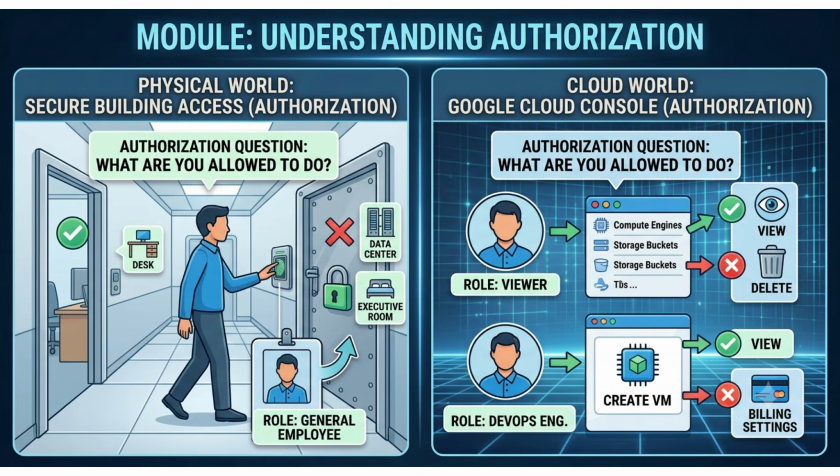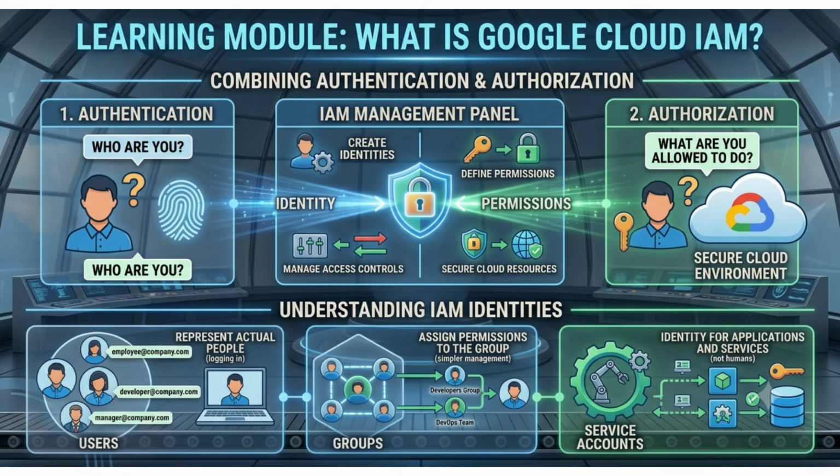Their access depends on their role. Similarly, in Google Cloud, a user might be allowed to view resources, but not delete resources, or create virtual machines, but not modify billing information. This is authorization.